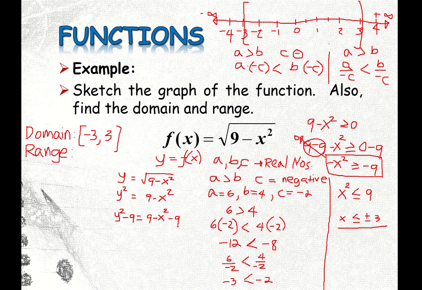So this 9 here and this 9 equal to 0. So 9 minus 9 is equal to 0. So y squared minus 9 equal to minus x squared.